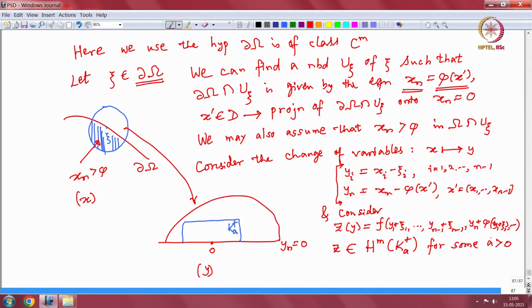So in fact we are considering a smaller domain here, though this mapping takes this omega here. Since we are assuming xn is bigger than phi, this is yn positive. So this portion of omega is sitting here in yn positive. But for such a function we have already obtained an extension into the whole cube. Okay, let me just write that.